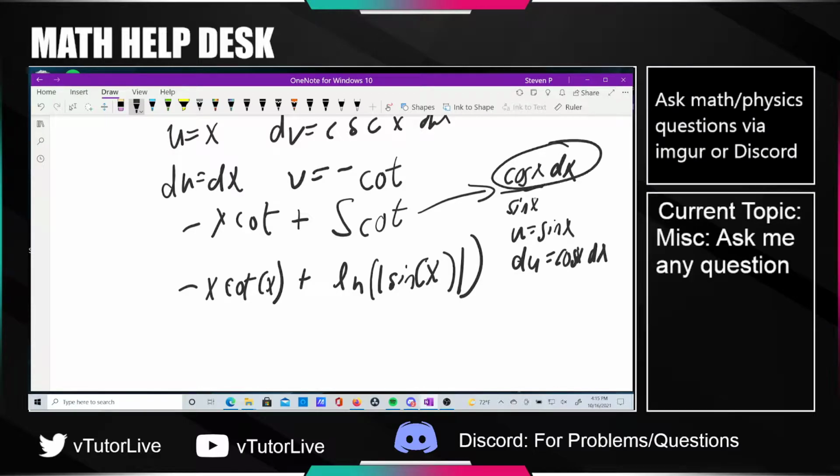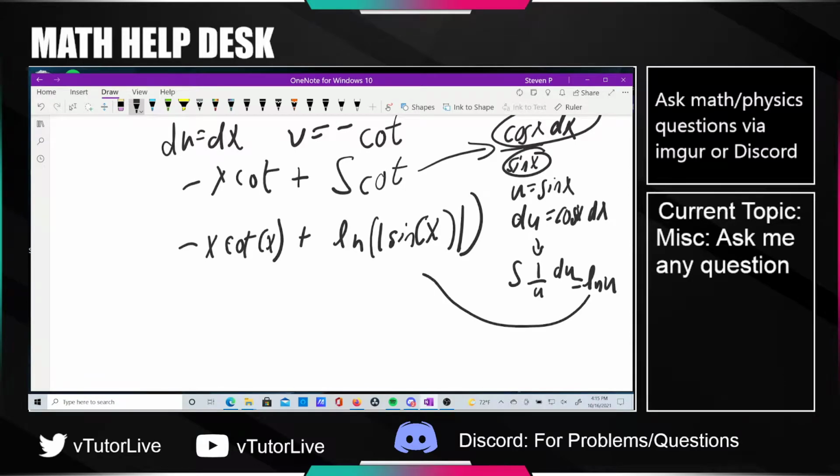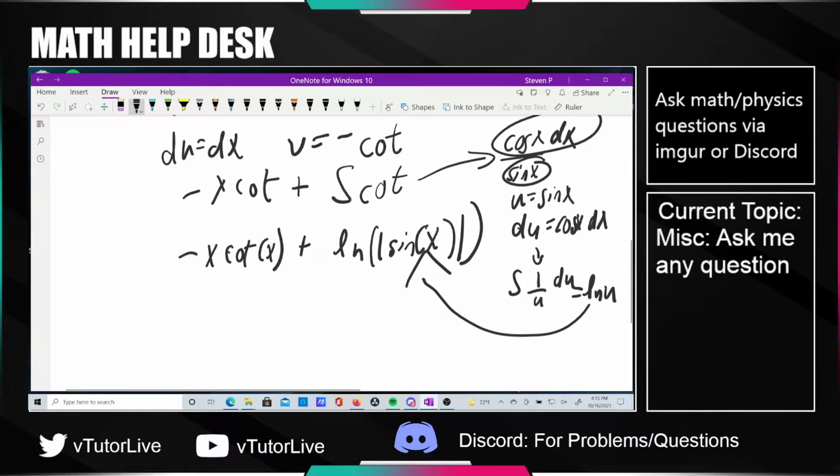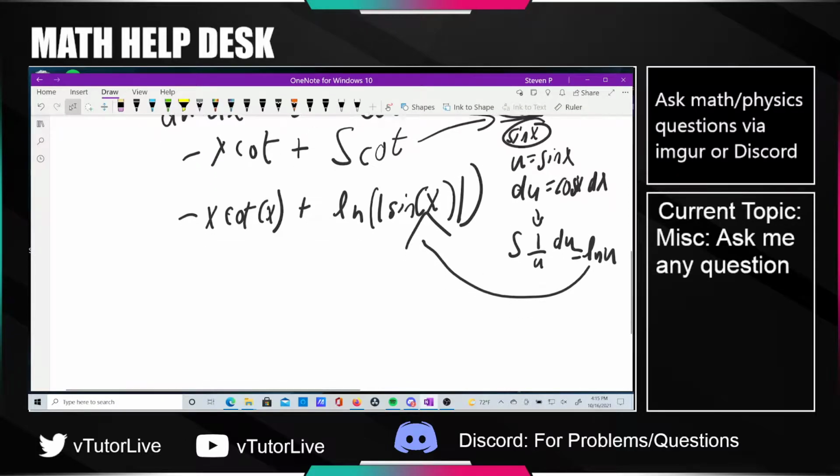So this turns into 1 over u du, which just turns into ln of u, right? And then you just plug in the u over here, so it turns into ln of sine of x, and you have the idea. It's not a definite integral, so I think you're basically done.